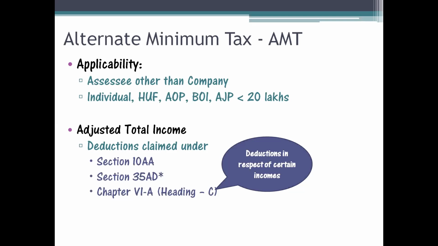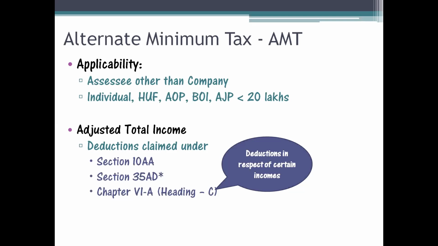If you recollect, when we read the deductions available under chapter 6A, there are 2 kinds of deductions available. One is deduction in respect of certain investments. For example, 80C, where for deposits in fixed deposit, if it's a 5-year fixed deposit, then we get deduction under 80C. Whereas there are a few other sections based on our income under which we have deduction under chapter 6A.